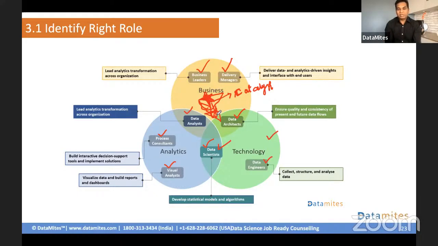Typically these folks are senior people, with at least 10 years of experience recommended, 15, 20 years of experience in various business roles, techno-functional roles. They understand the business as well as the technology, and understand data science at a high level so that they can realize certain business goals.